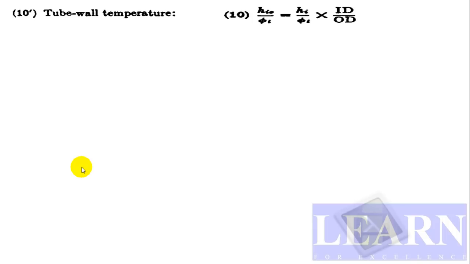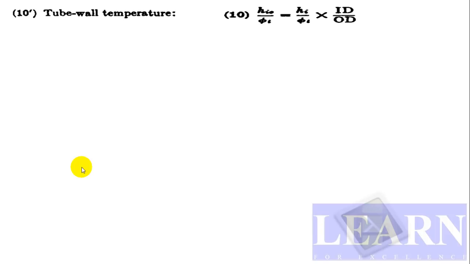After finding the values of H naught by phi s and Hi by phi t, we will go to the tube wall temperature. So in the tube side, before going to the tube wall temperature, we need to find the value of Hi naught by phi t. Here Hi naught is nothing but the corrected coefficient.